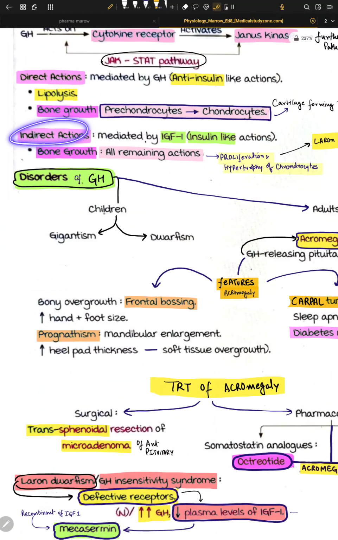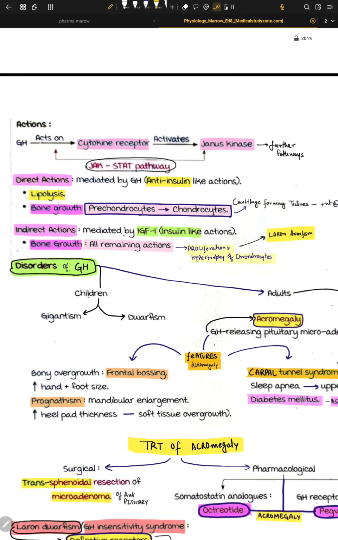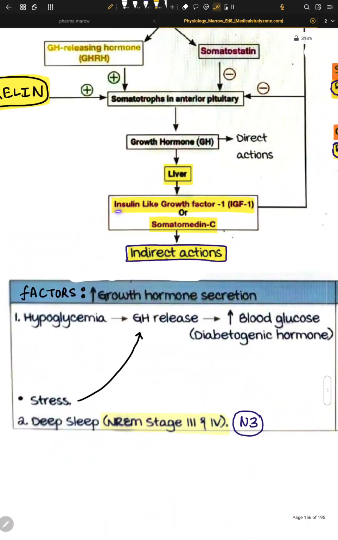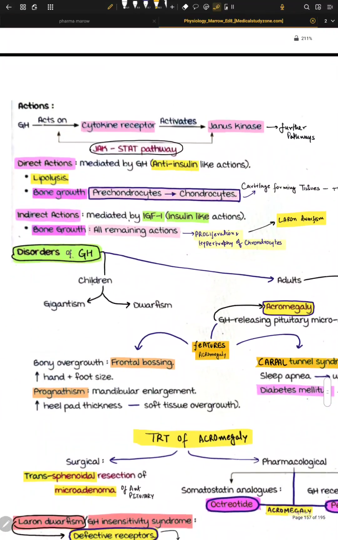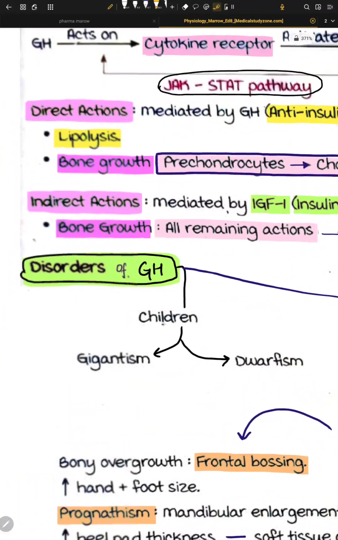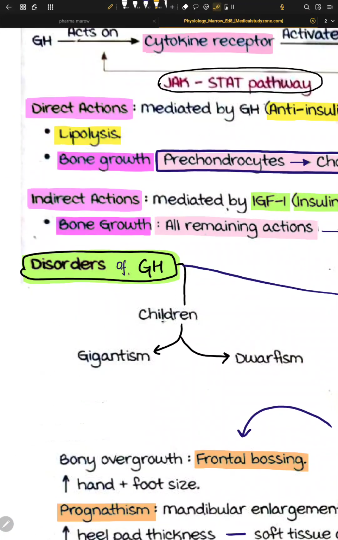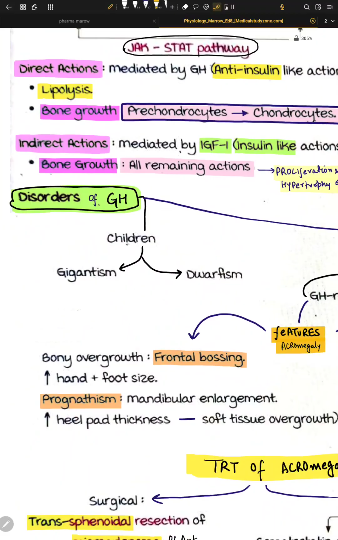And by the way, indirect action is mediated by IGF-1. IGF-1 stands for insulin-like growth factor 1. So if it is insulin-like, it is the opposite of lipolysis. It will attract fat, right? Bone growth is also accompanied by IGF-1.